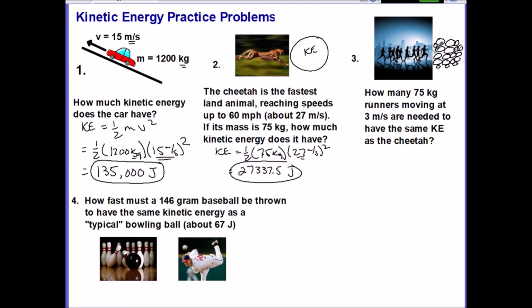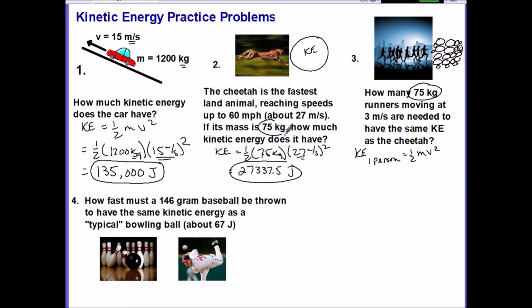So the question is how many of these people are needed to have that much KE? We could do that in a couple ways. One way I could do that is I could find the kinetic energy for one person, and then take this number here, divide it by the number that I get here, and that will give me the number. Another way that I could do that is to consider that both of these masses are the same.